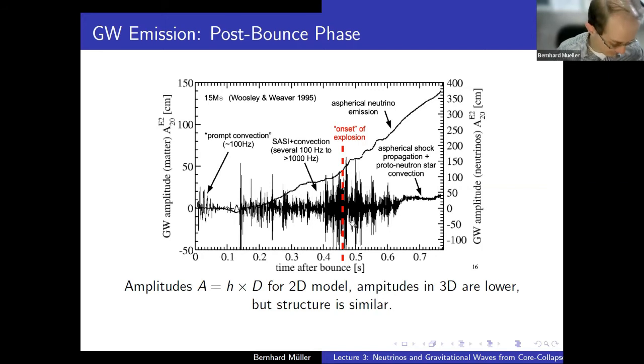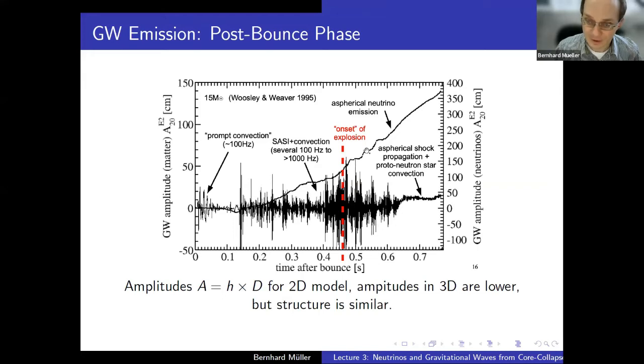As you go into the explosion phase and the accretion flows onto the neutron star become weaker, the gravitational wave emission tends to subside, but doesn't subside completely. You still get a low level of this noisy signal because there are still motions in the protoneutron star that are forcing oscillation modes in gravitational wave emission.